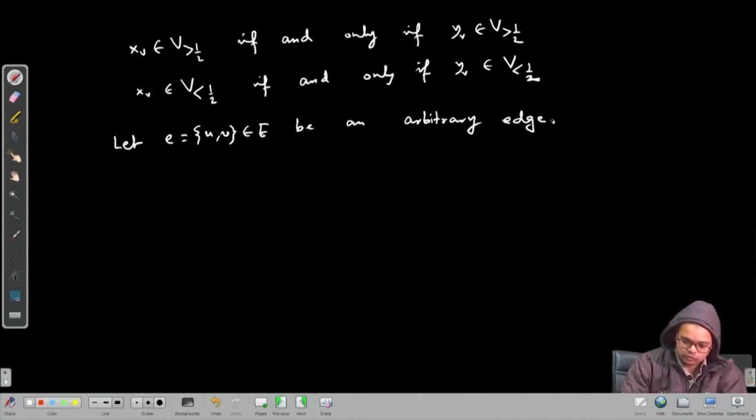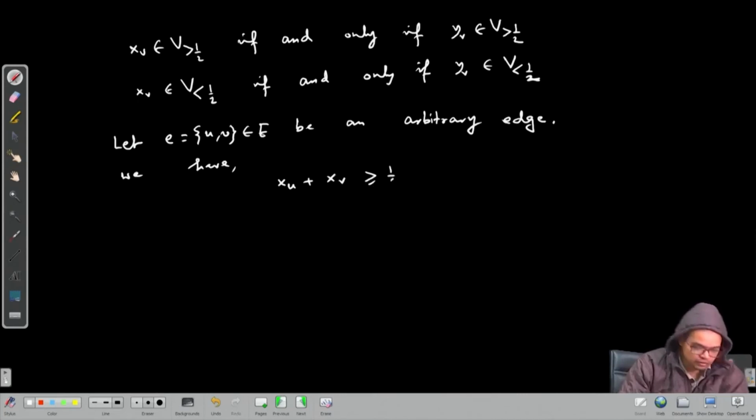Okay, so x satisfies this constraint: x_u plus x_v is greater than or equal to 1.